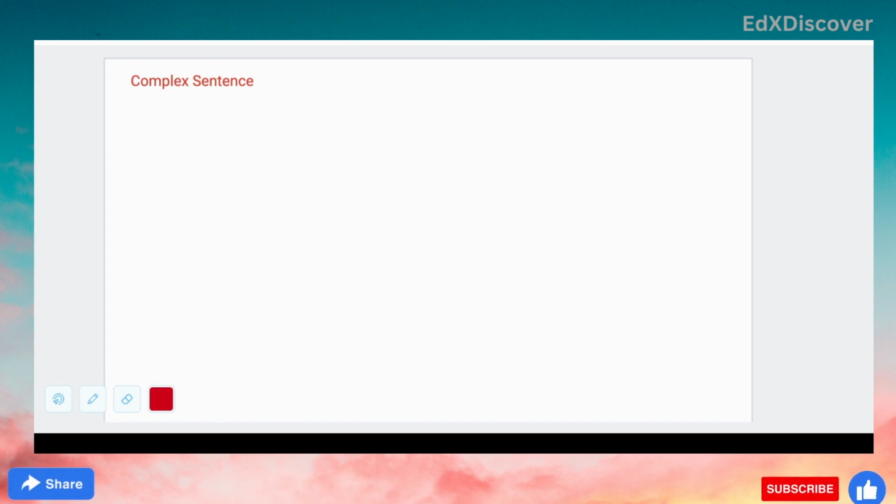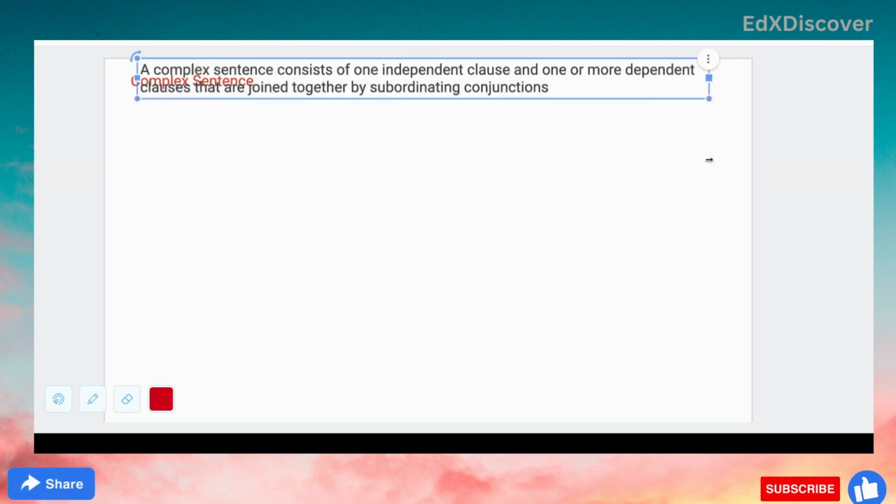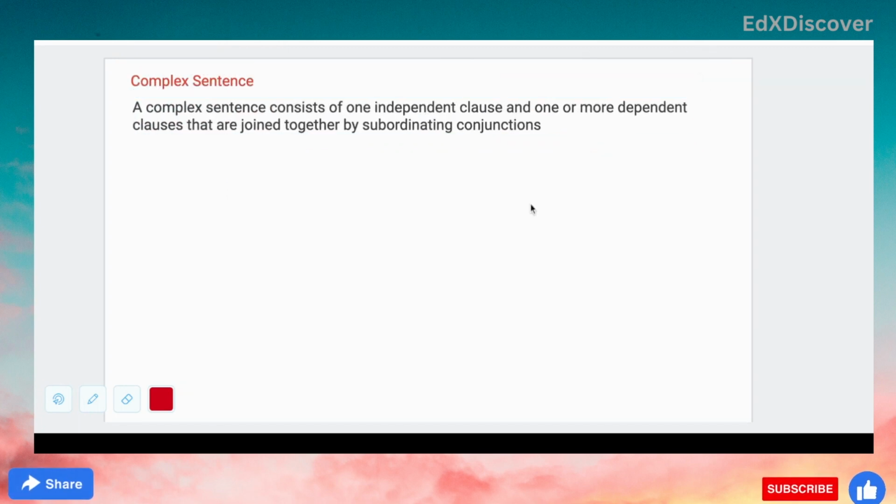A subordinating conjunction is a type of conjunction that connects a subordinate clause to a main clause.